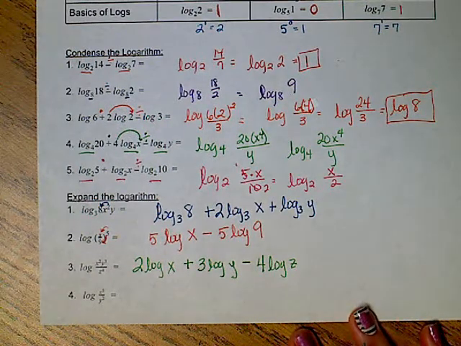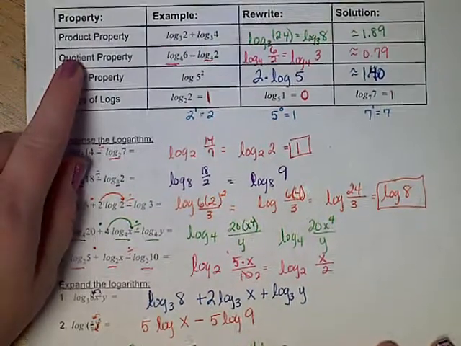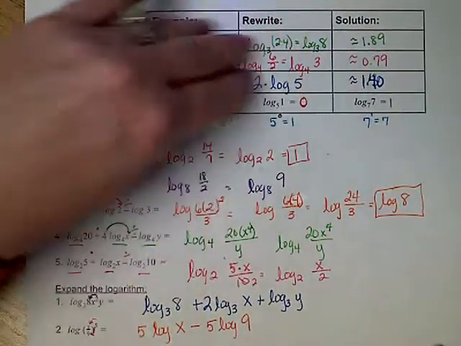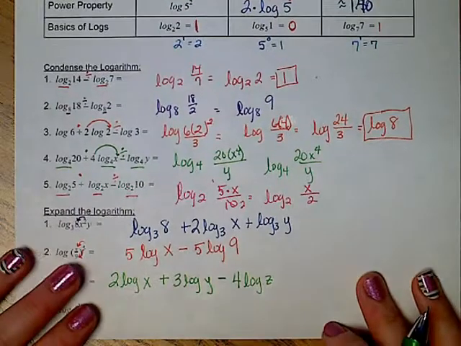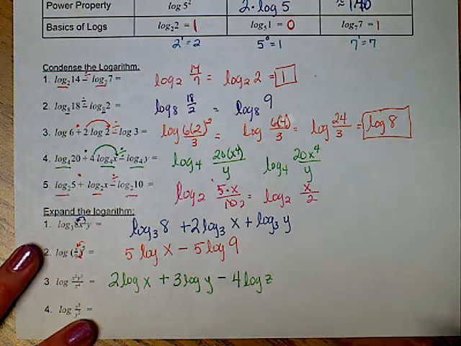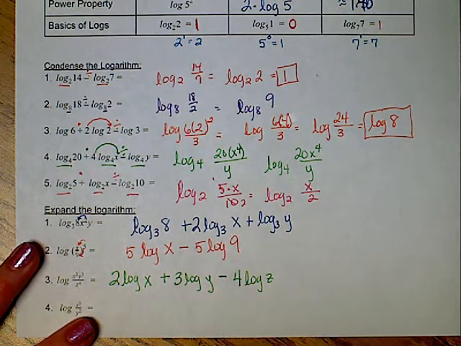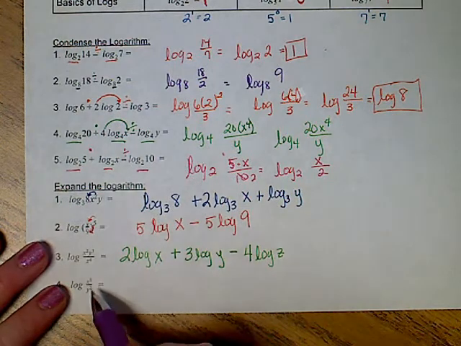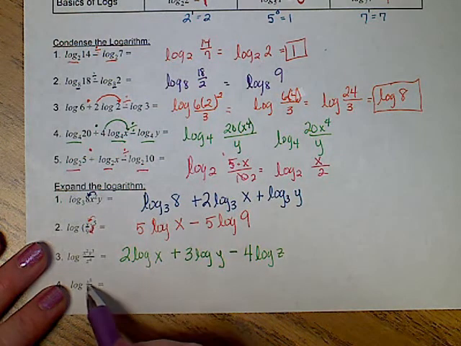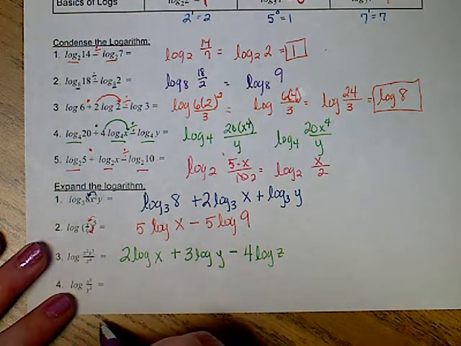Alright, so it is literally using these rules and working them forwards and working them backwards, okay? So that you make sure you understand log properties. We have to know these to be able to solve log functions. So the last one is division, so we're talking subtraction. Exponents on both, so they have to come out front.